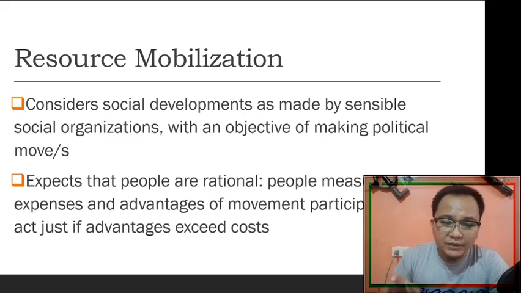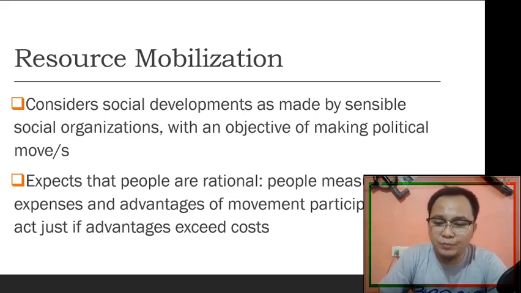It also expects that people are rational. Ito yung nabanggit ko kanina. Rational in a way that people measure the expenses and advantages of movement participation, and act just if advantages exceed cost.